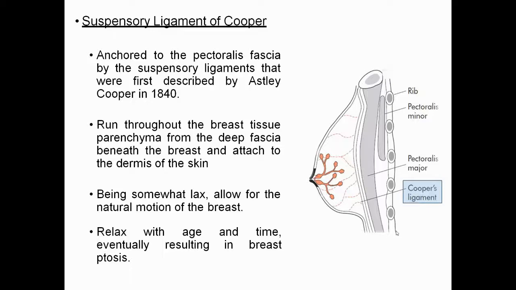It runs throughout the breast tissue parenchyma from the deep fascia beneath the breast and attaches to the dermis of the skin. Being somewhat lax, it allows for the natural motion of the breast, and it relaxes with age and time, eventually resulting in breast ptosis. It means the sagging of the breast. When it relaxes with age, the breast starts to sag.